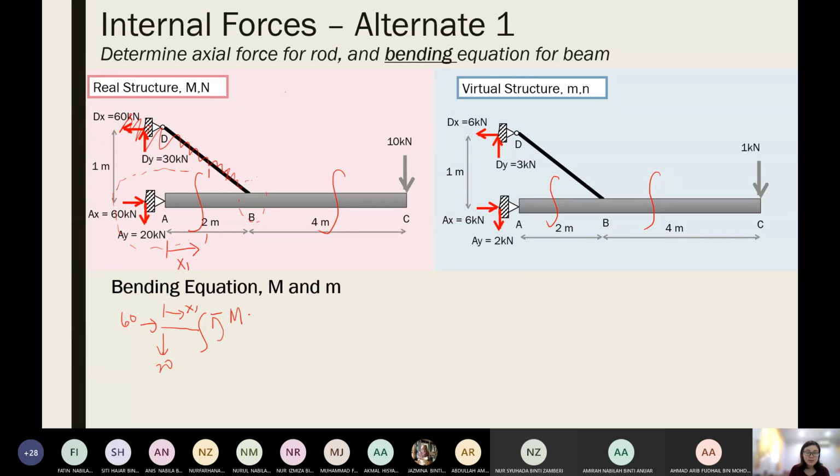So what is my bending moment here? We write M equal to the force acting at this x, which will be 20 only. To get the moment, we need to multiply by the distance x1. Is this sign positive or negative?